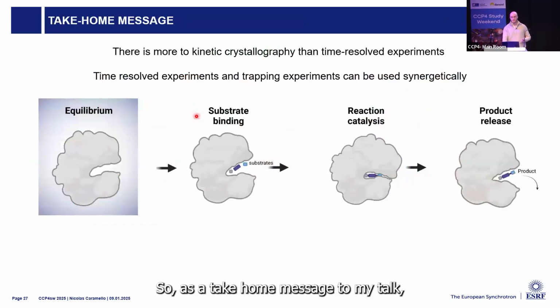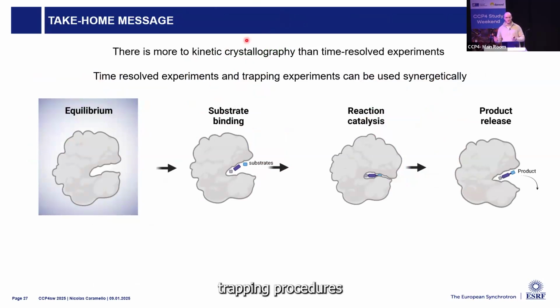So as a take-home message to my talk, there's more to kinetic crystallography, to characterizing the dynamics of your sample, than just time-resolved experiments at room temperature. The very simple, so to speak, trapping procedures that have been used for a long time can really complement the time-resolved experiments.